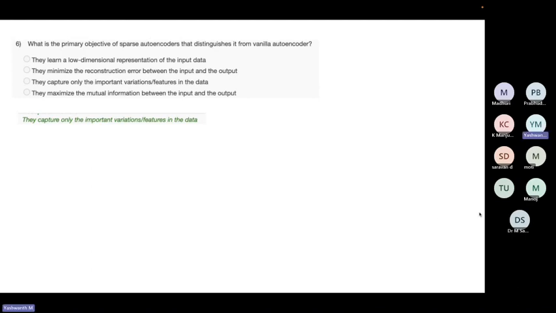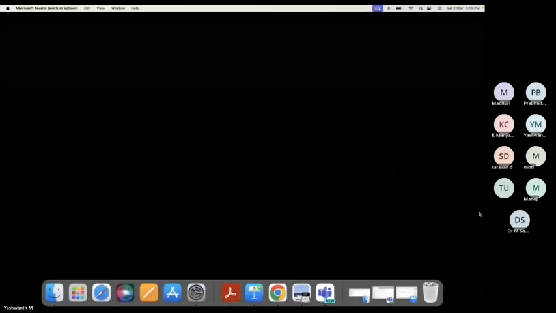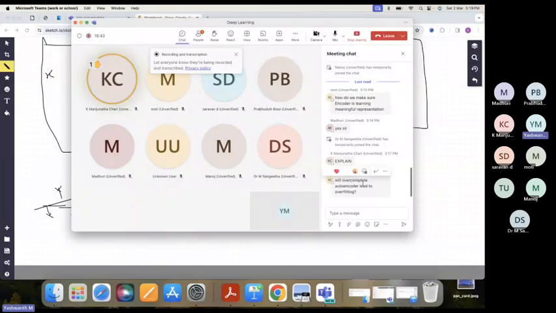I think there is one question. Let me see. Will an overcomplete autoencoder lead to overfitting? Actually, it's not about overcomplete or undercomplete.